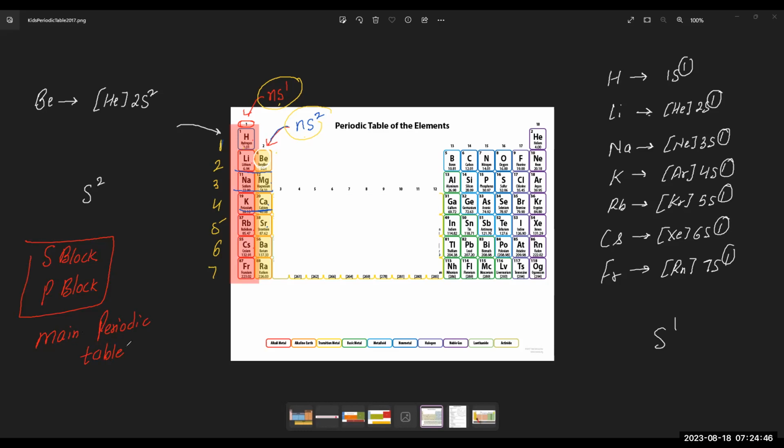Is it okay? Main periodic table, s and p. So we have to discuss the general configuration of s and p. Can you write down the configuration of this family and tell me the outermost shell? Start with boron.